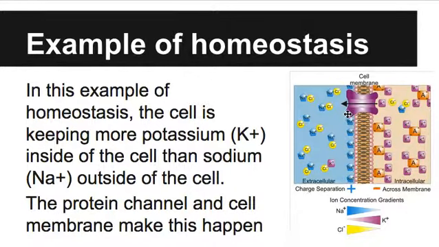The cell says, I want to have more potassium inside and more sodium outside, so I'm going to push certain molecules outside of the cell. It creates a difference between what's on the inside and what's on the outside of the cell. That's all because of this semi-permeable membrane. It doesn't allow certain things through except if they go through the certain door, if they have the certain key to get through the lock.